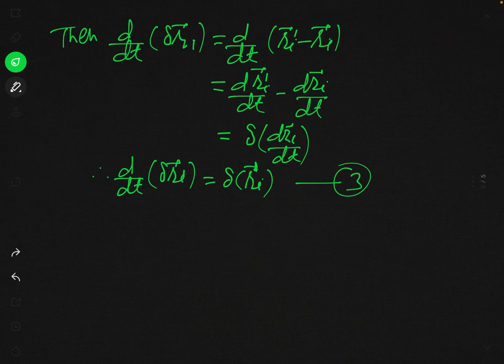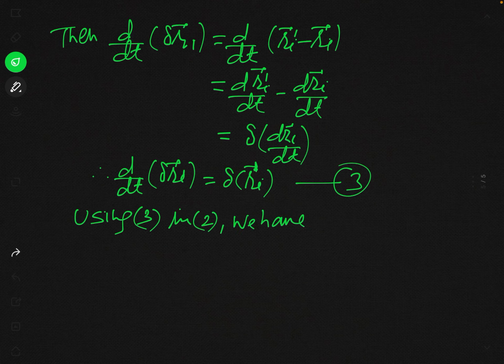So after use of equation 3 in equation 2, what will equation 2 become? Let us see here. Using 3 in 2 we have Ri double dot delta Ri.